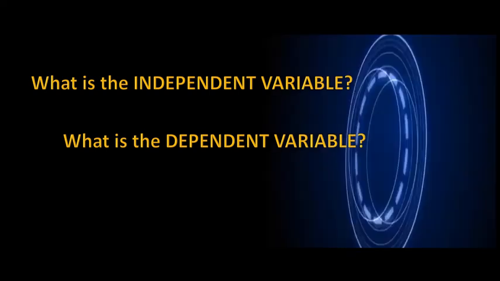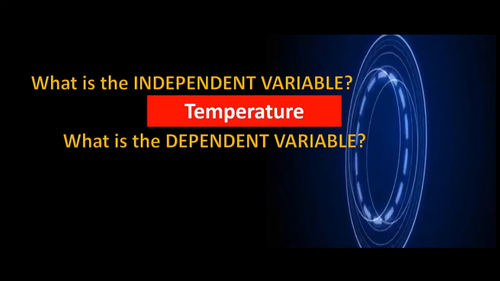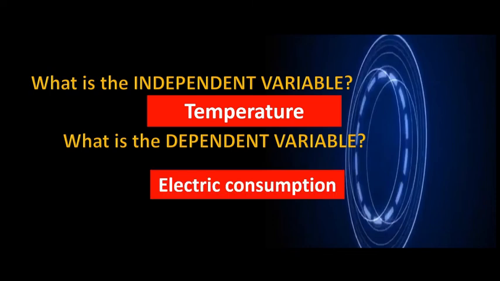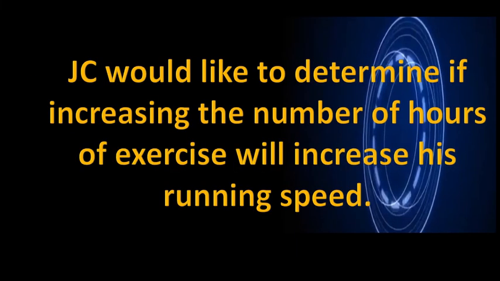Let's find out. The independent variable is temperature, and the dependent variable is electric consumption. For the last statement, JC would like to determine if increasing the number of hours of exercise will increase his running speed.